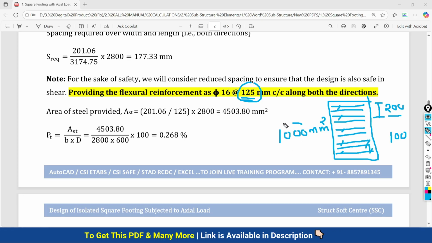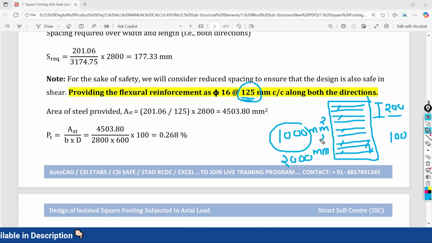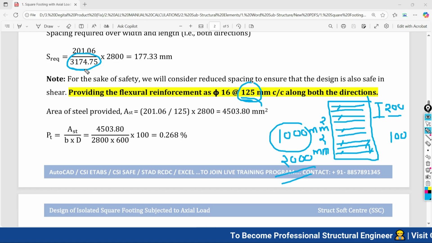Now the area of the reinforcement is going to increase to 2 times, as 2000 mm square. So if we reduce the spacing, the area of the reinforcement obviously will increase, the number of bars will increase, because you are closing the bars and providing more bars.